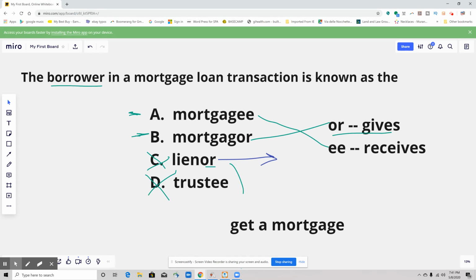Now, what happens is the lender, in turn, is getting two things: a promissory note and also a mortgage. The mortgage is the instrument that actually allows the bank to place a lien on the property. So the mortgage is what actually puts the home up as collateral for repayment of the loan.